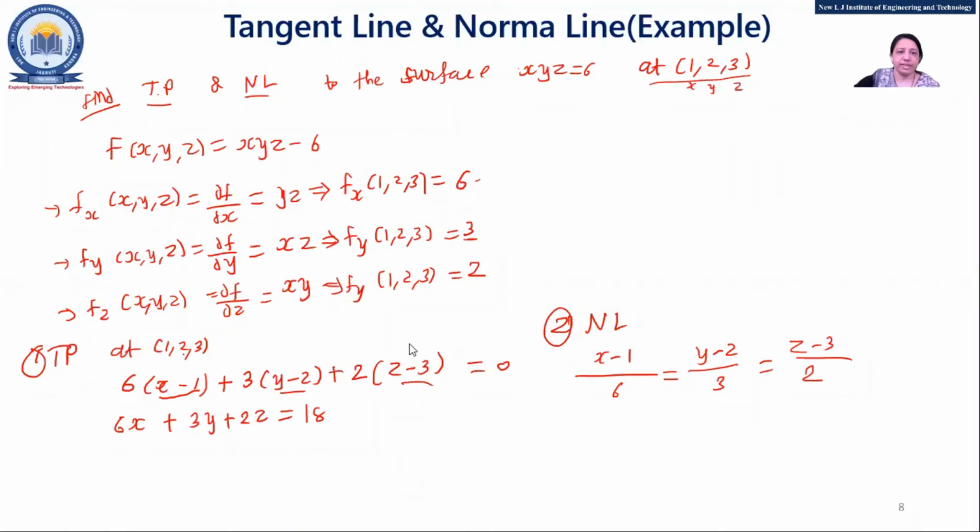Because xyz minus 6, the 6 is constant so its derivative is 0, but yz is a constant multiplier. If it is 5x, we write 5; instead we are writing yz. So del f by del x is not supposed to be 0. Fine. So this is the thing for tangent plane and normal line.